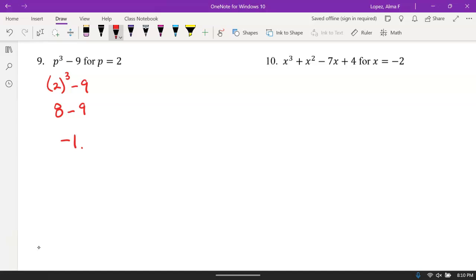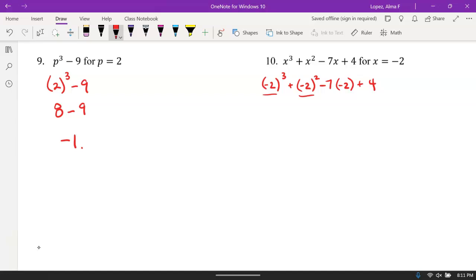The next one, I'm going to rewrite it. Everywhere there's an x, put in parentheses. And this time they're asking us to plug in a negative 2 everywhere that we have an x. Definitely going to start with the exponents again. I've got a couple of them. Negative 2 to the third power.